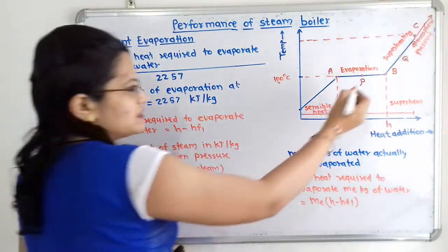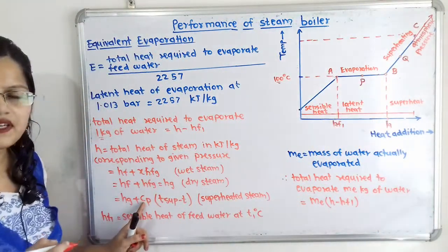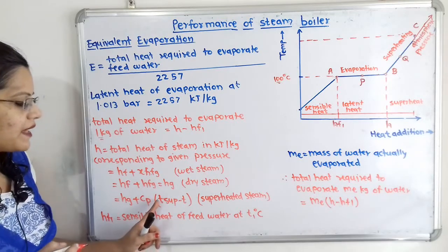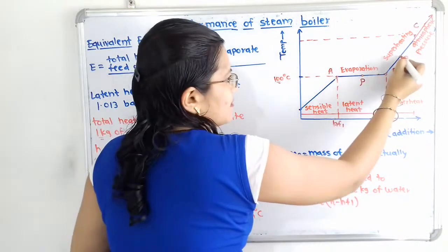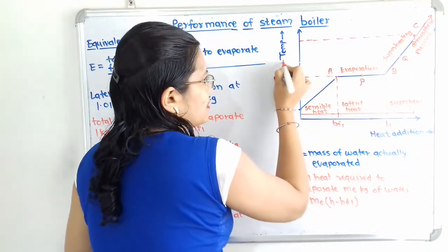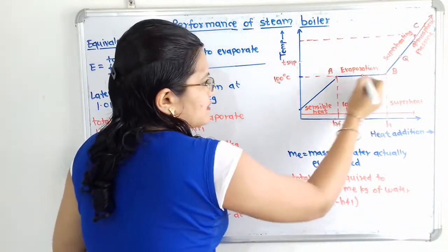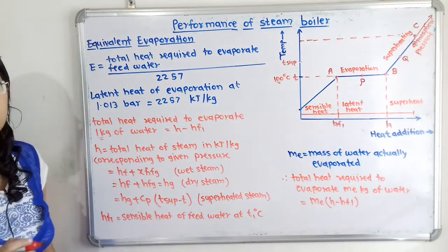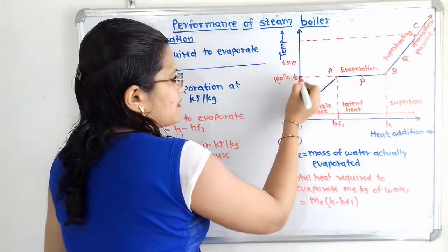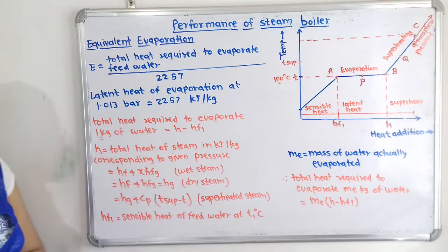Here we have to take Hg, that is the enthalpy at this point B, plus Cp, that is the specific heat of superheated steam, in the bracket the temperature difference, that is T superheated minus T. So we will say that the temperature at this point Q is nothing but T superheated, and the temperature at this point B, or we can say the temperature for this evaporation process, is nothing but temperature T. So we have to take the difference between these two temperatures. In this way we have to find out this value of H and we will take the difference.